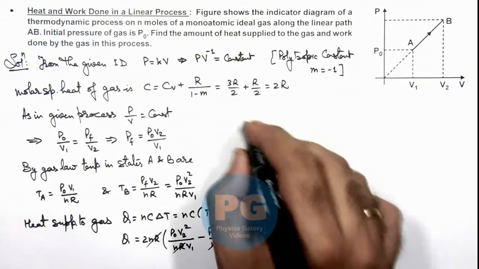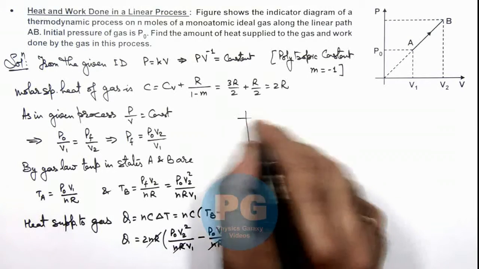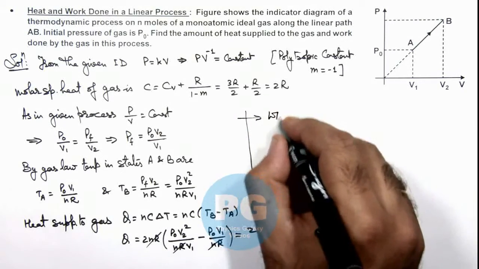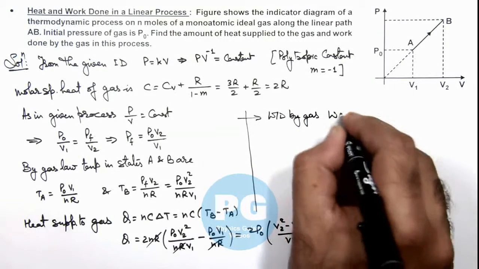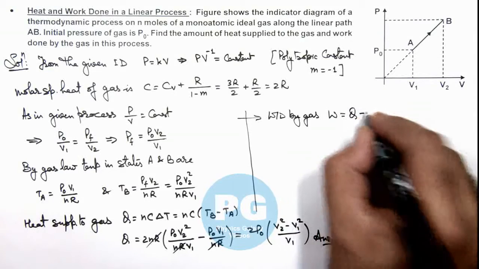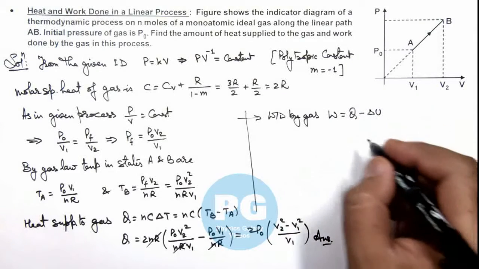And here if we carry on and calculate the work done by the gas in the process, the work done we can write as the amount of heat supplied minus the increase in internal energy.